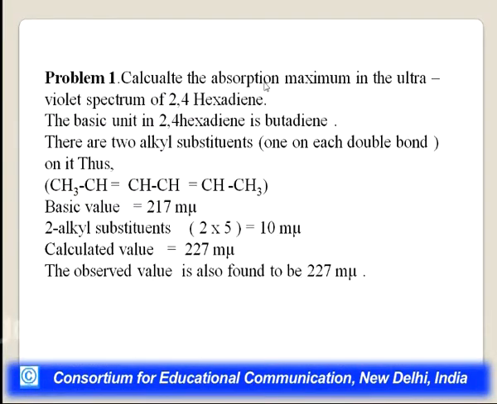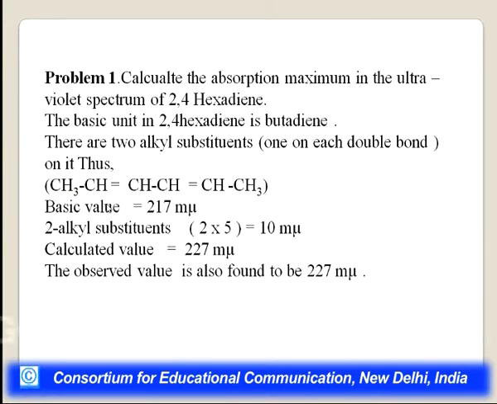This is problem number 1. Calculate the absorption maximum in the ultraviolet spectrum of 2,4-hexadiene. Here you can see this is the structure of 2,4-hexadiene, 1, 2, 3, 4, 5, 6. It is a diene because alternate single double bonds are present. So there are 2 alkyl groups on the butadiene system.